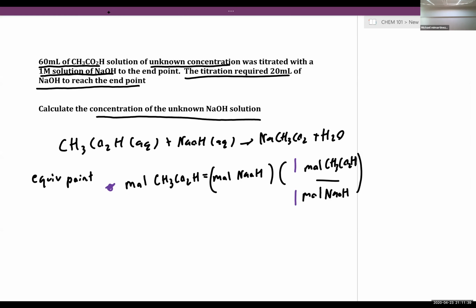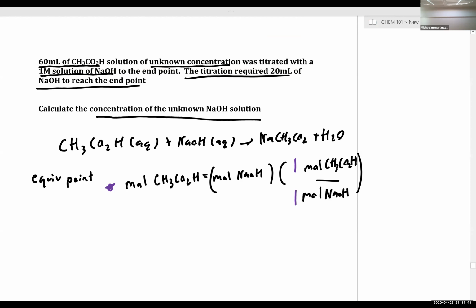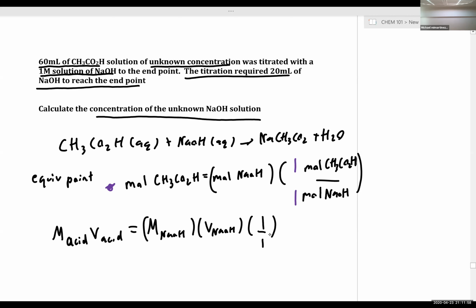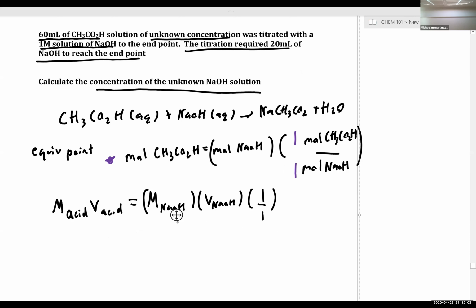So then let's just continue substituting just like we did before. We'll take the molarity of our acid times the volume of our acid is equal to the molarity of our base times the volume of our base times 1-to-1. Now, we're asked to calculate the concentration of our acid.